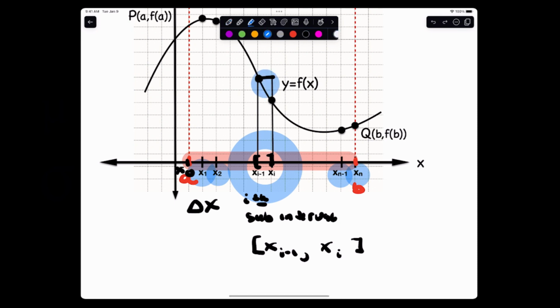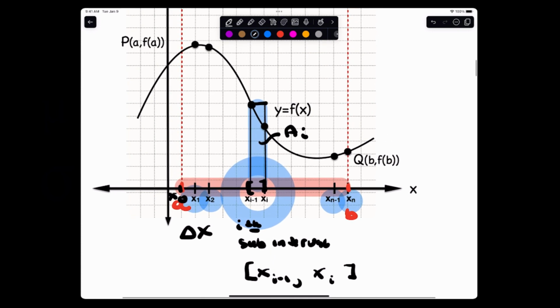This is really the meat and potatoes of what's happening here. So you look at that ith subinterval, where the point is xi minus 1 comma xi, and you find that this is a rectangle, and we call this rectangle actually AI. So you say, okay, here's the ith rectangle.